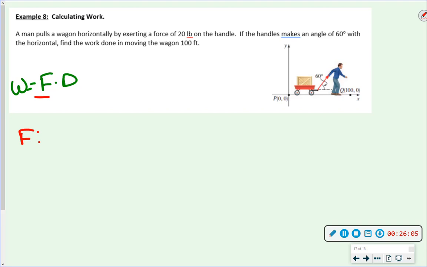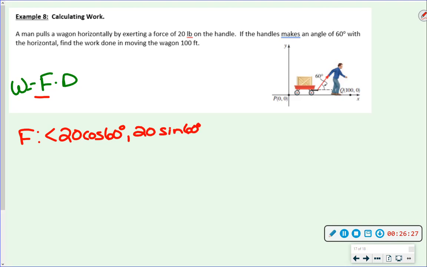Well, we want that in vector style. So we have to do 20 times the cos of 60 and 20 times the sine of 60. So our horizontal component, now that's 60 on my unit circle, and then 20 sine of 60.